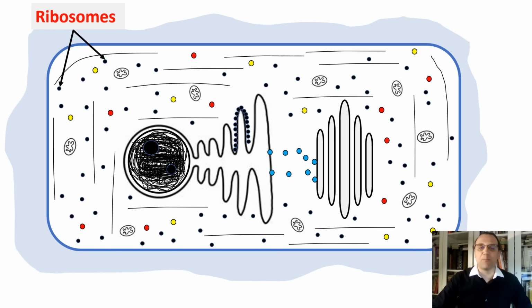Ribosomes are super important in the cell because they are the ones that produce proteins in the cell. It happens because they are capable of reading instructions that come from DNA molecules via messenger RNA. We will cover this a couple of lectures later on.